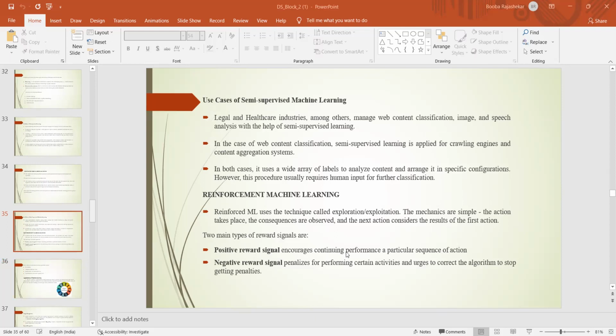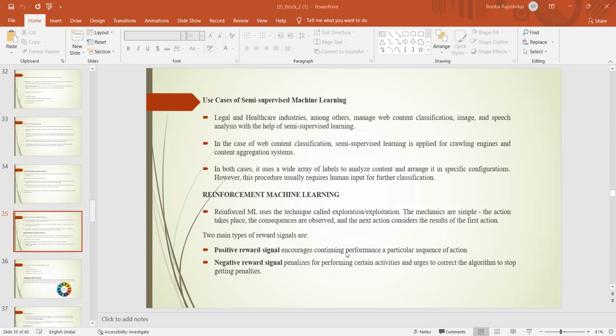It uses labels to analyze the content and arrange it in specific configurations. This procedure usually requires human input for some classifications. So this is the main thing for semi-supervised machine learning.